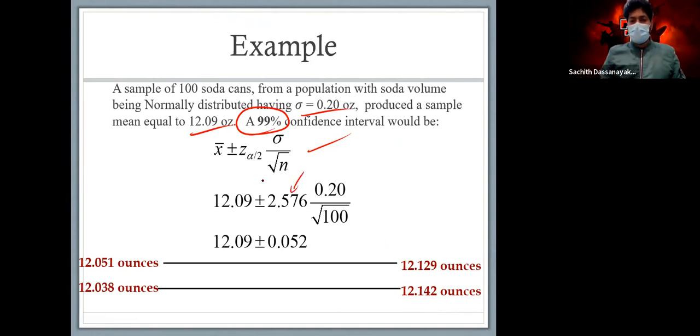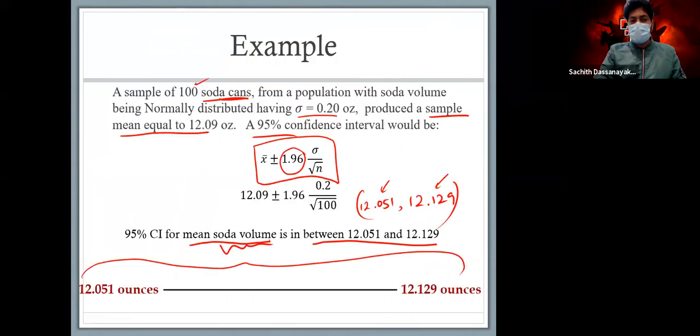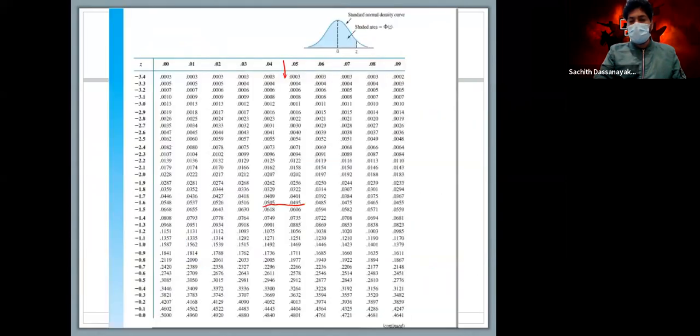Once you plug in that value and simplify, you will get, I think, this one, right? No, not this one. The one above belongs to this one. See, 12.129 is this one.